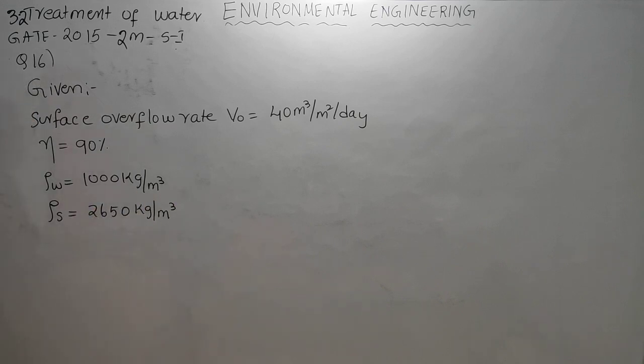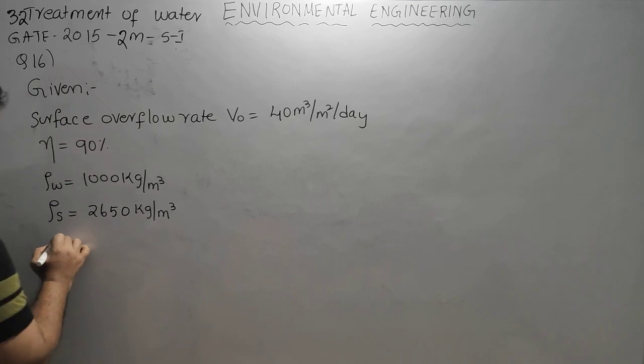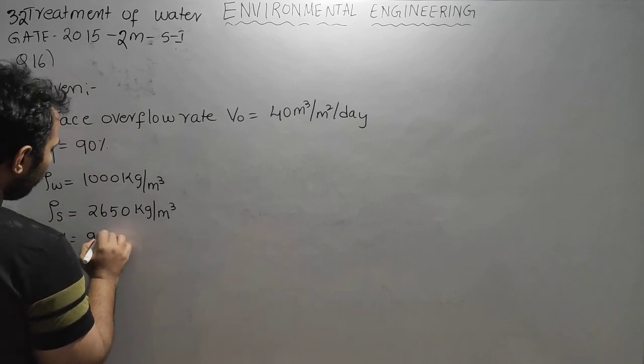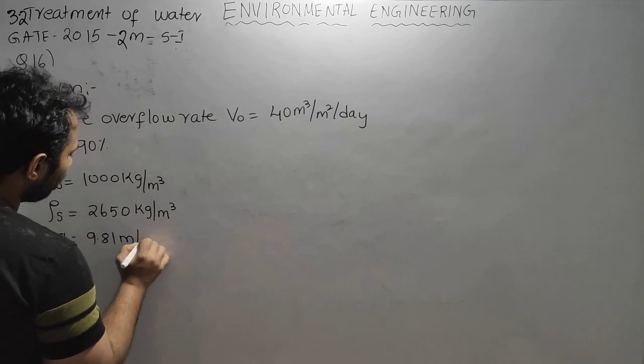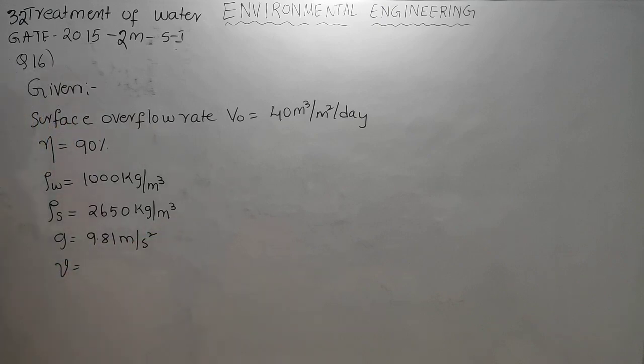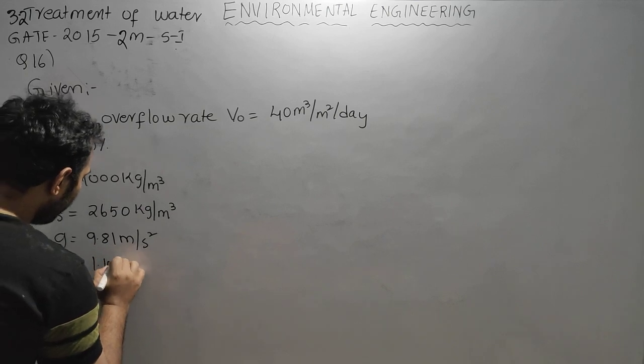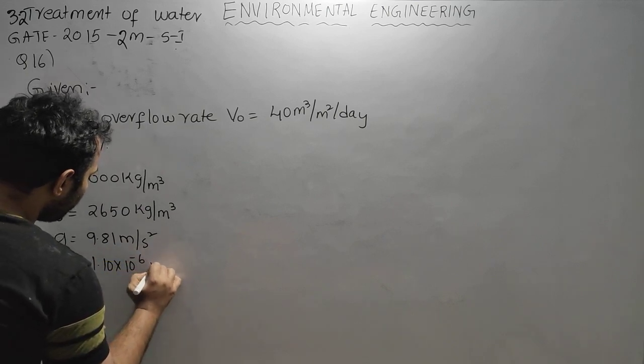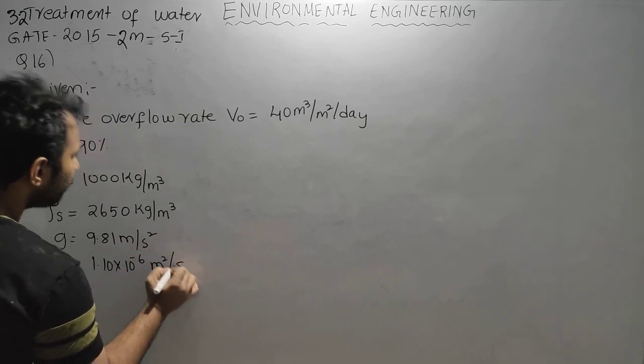Okay, and G is given as 9.81 meter per second square, and kinematic viscosity is given as 1.10 into 10 to the power of minus 6 meter square per second.